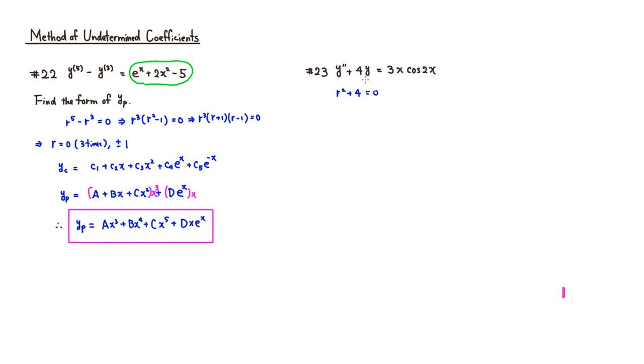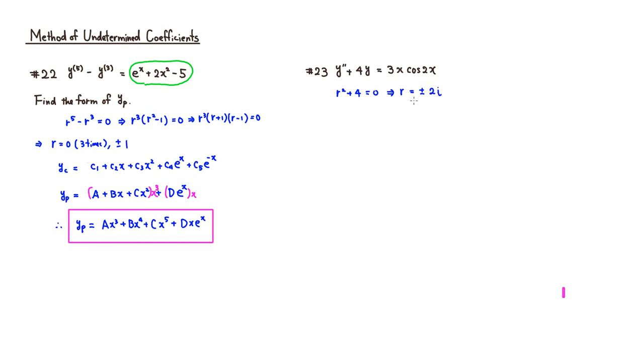Since r squared is equal to negative 4, it's going to be an imaginary solution. So you're going to get r equals plus or minus 2i.